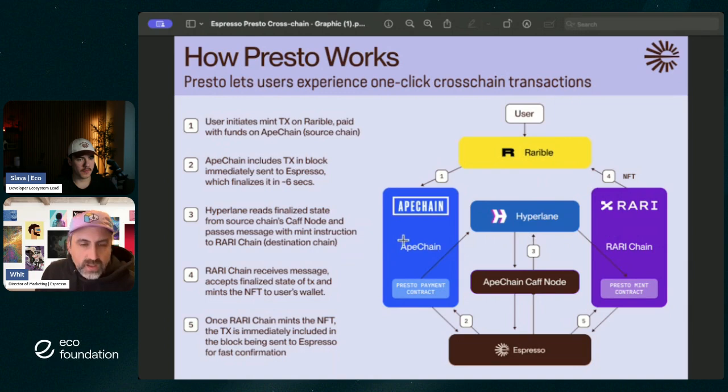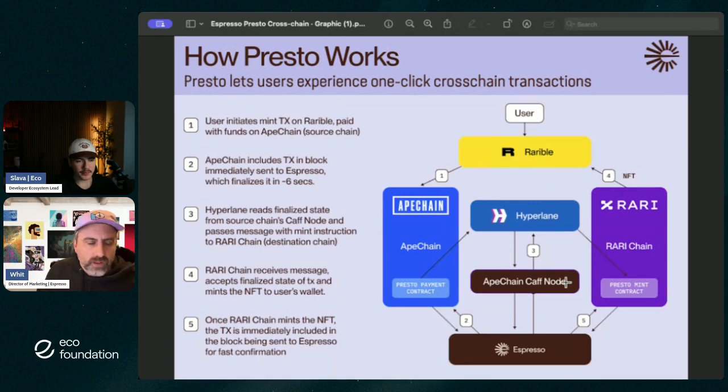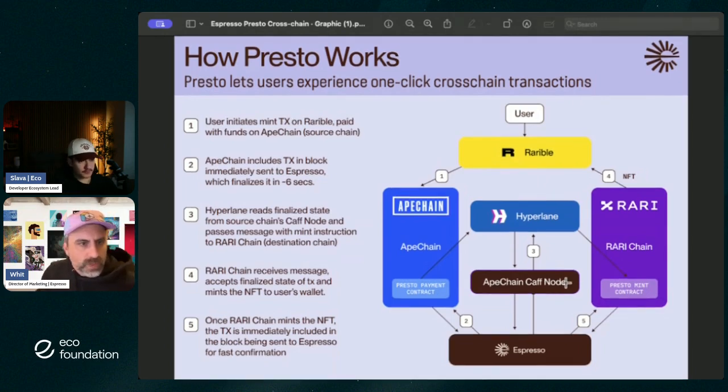And Hyperlane, instead of reading ApeChain state from Arbitrum 1 or Ethereum, is reading state from Espresso.